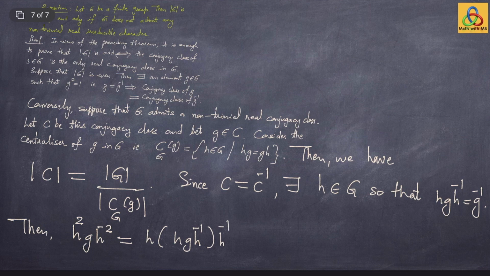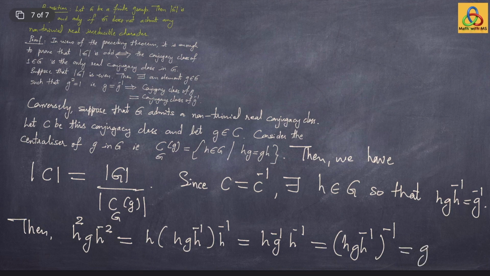But hgh inverse is the same as g inverse, so this is the same as h g inverse h inverse, but that is the same as hgh inverse whole inverse, which is the same as g. What does it imply? This implies that the square of this conjugating element h is in the centralizer of g, which implies that h square belongs to the centralizer of g in the group G.